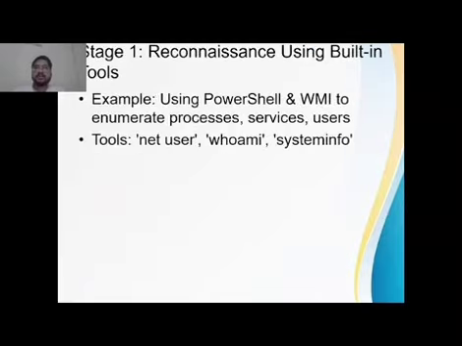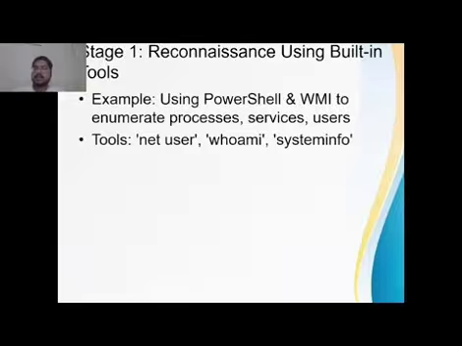That is stage one: reconnaissance using built-in tools. Every good attack begins with recon. Hackers use commands like whoami, ipconfig, or netstat to understand the environment. PowerShell scripts might be used to map networks, find admin accounts, and see what software is running.